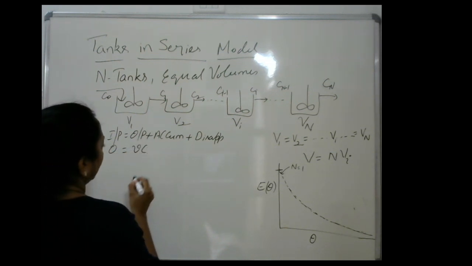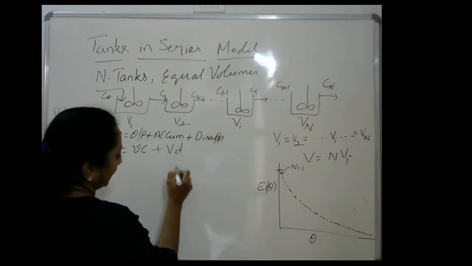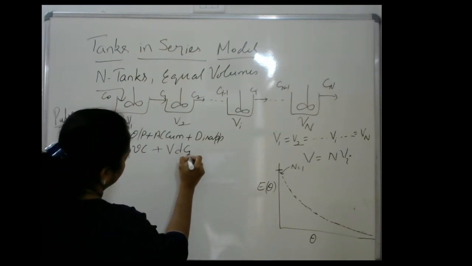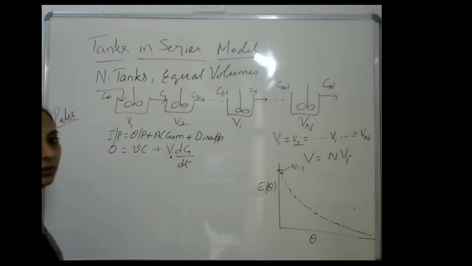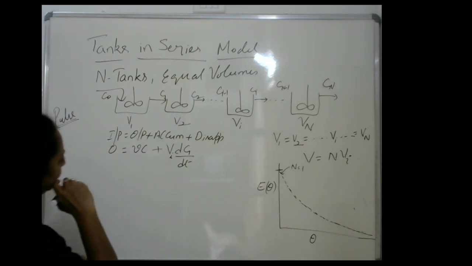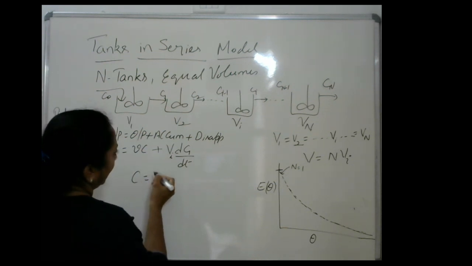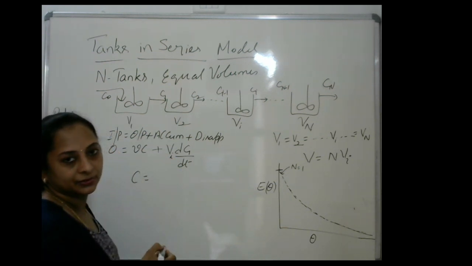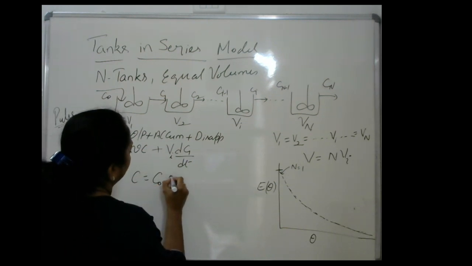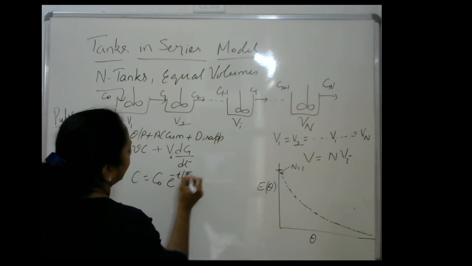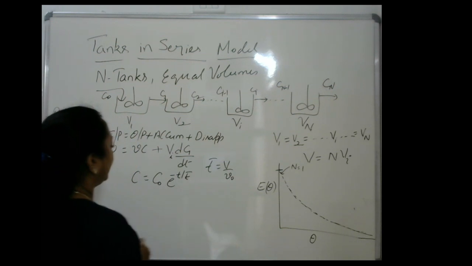V into C plus no disappearance, V into dC1 by dt. If you solve this equation, what you get is C is equal to C0 e to the power of minus t by t bar. I'll not solve it totally because this is repetition, I have solved this many times. What is t bar? t bar is volume of reactor by volumetric flow rate.